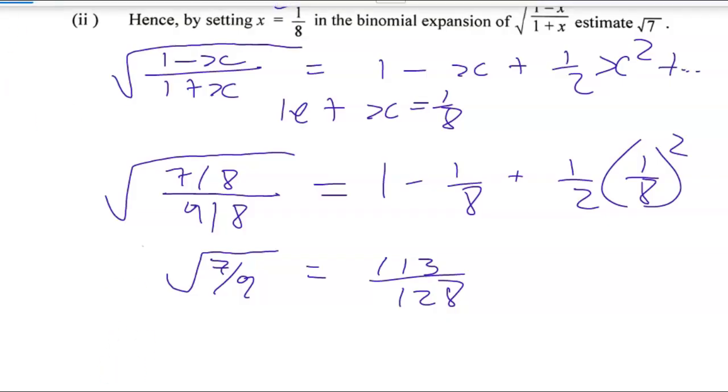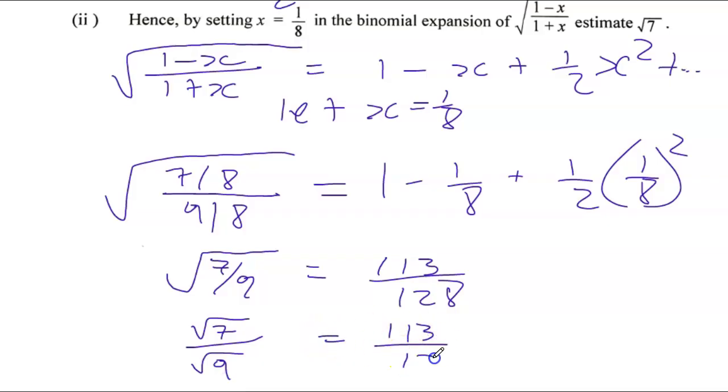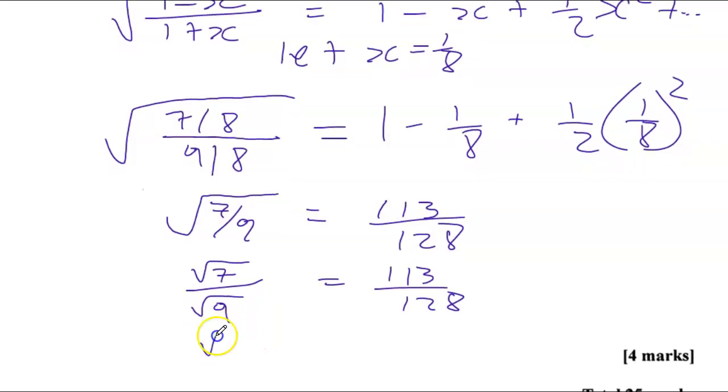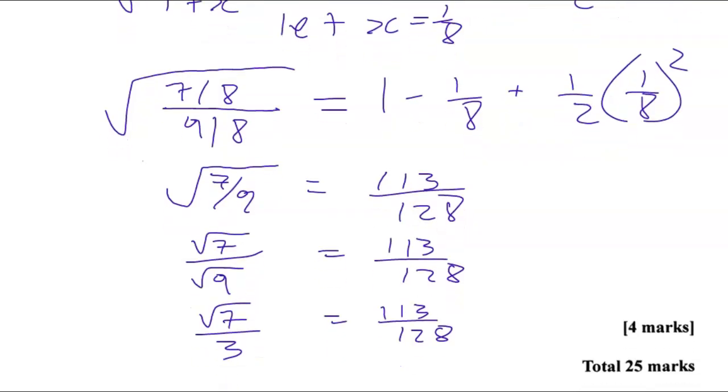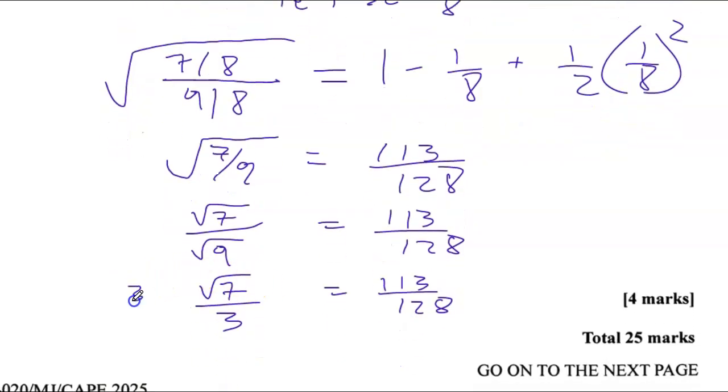Alright. Continuing, this is the same thing as root 7 over root 9, equal to 113 over 128. But we know root 9 is 3, right? So this is root 7 over positive 3 is 113 over 128. To get root 7, which is what we're asked to find, we'll multiply both sides by positive 3.